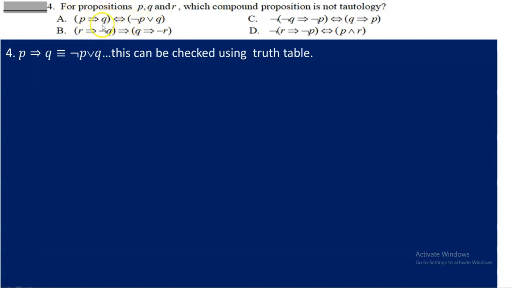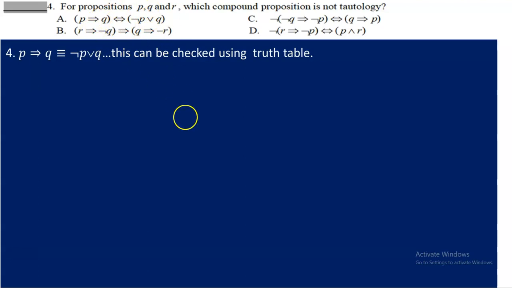What would happen if this is true? No problem. If this is true again and this one is true, true biimplies true is true. Because according to the biimplication principle, a compound proposition joined by biimplication gets true if the components have identical truth values.